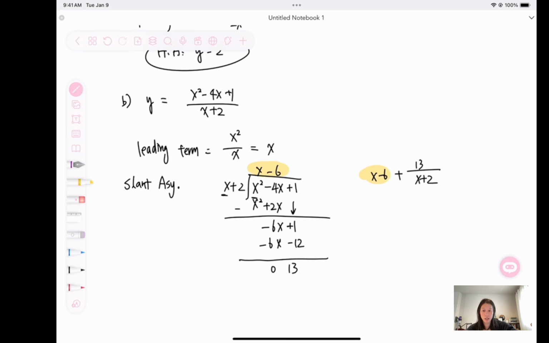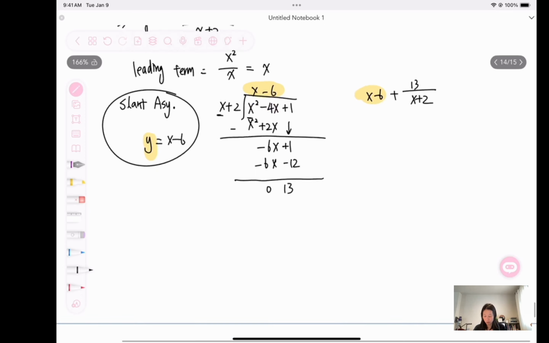Again, this should be a dashed line because an asymptote is not part of the graph. The reason I use a solid line is that I want you to see it clearly. So this is the slant asymptote of this graph. Remember that we need to use long division to help us find the slant asymptote. So the slant asymptote is y equals x minus 6 here.